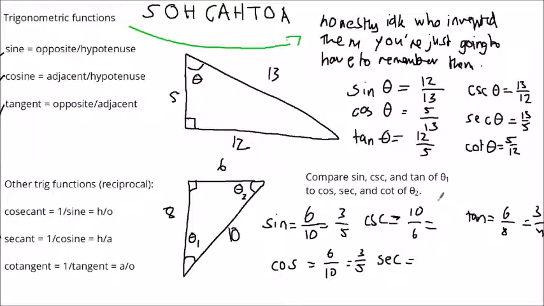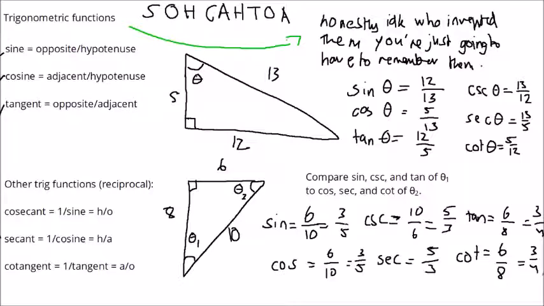The cosecant is 1 over sine, and that's the abbreviation CSC, which is 5 over 3. And the secant is 5 over 3 as well, because it's 1 over the cosine of theta 2. Cotangent is cot. Cotangent is not opposite over adjacent, it's adjacent over opposite. Adjacent over opposite is 6 over 8, and that's 3 over 4.